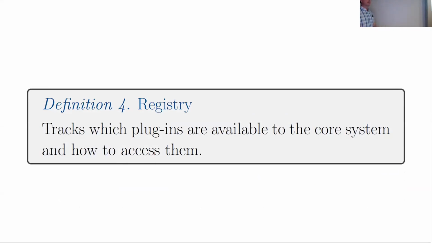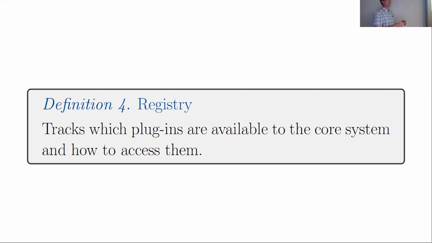Oh, and one other thing, which doesn't appear in a nice simple architectural diagram: we need to know what these plugins are. So the core system needs to know what plugins are there, so we can actually use them. And so that's this registry. The registry keeps track of what plugins are available to the core system, because a key aspect of this microkernel architecture is that it's composable.